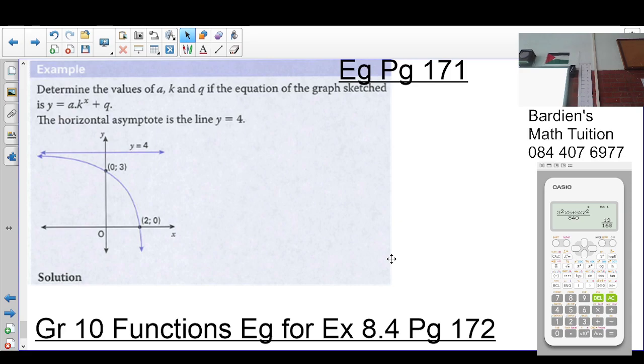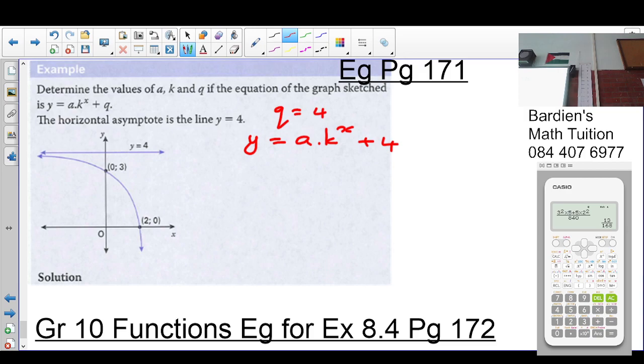We can start here. q is equal to 4. Therefore, y is now equal to a times k to the x plus 4. Now what? We substitute any one of the 2 points. I'm going to substitute 0 and 3.